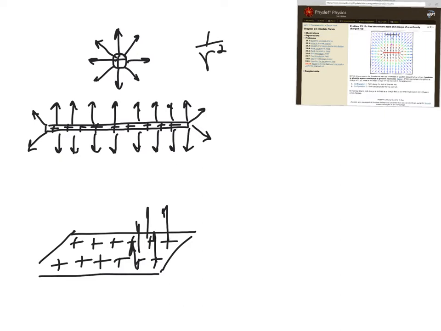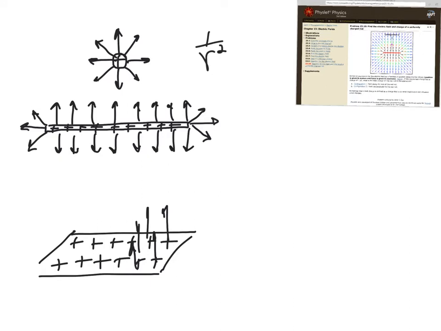Now when we get to the charged rod, notice that at the ends the field lines are spreading out, sort of looking like a point charge, but in the middle they're uniform, and if field lines don't spread out, it means the field isn't getting weaker. So it appears that if you go along the axis of the rod, the field isn't getting weaker.